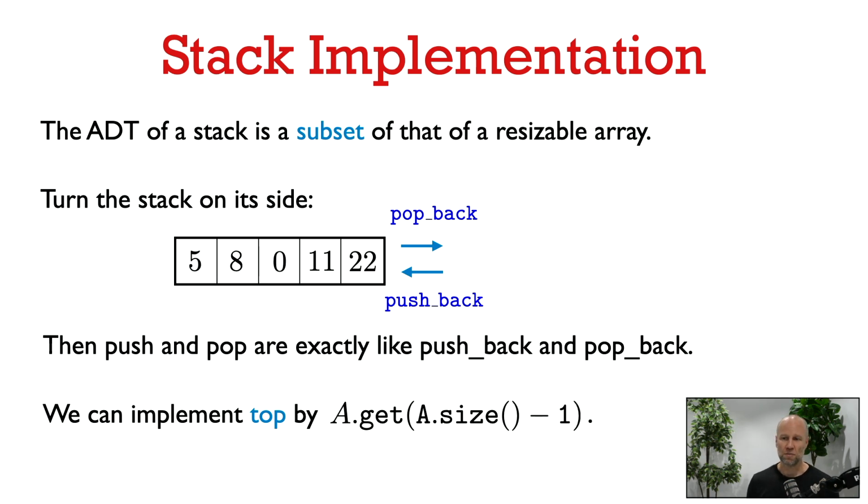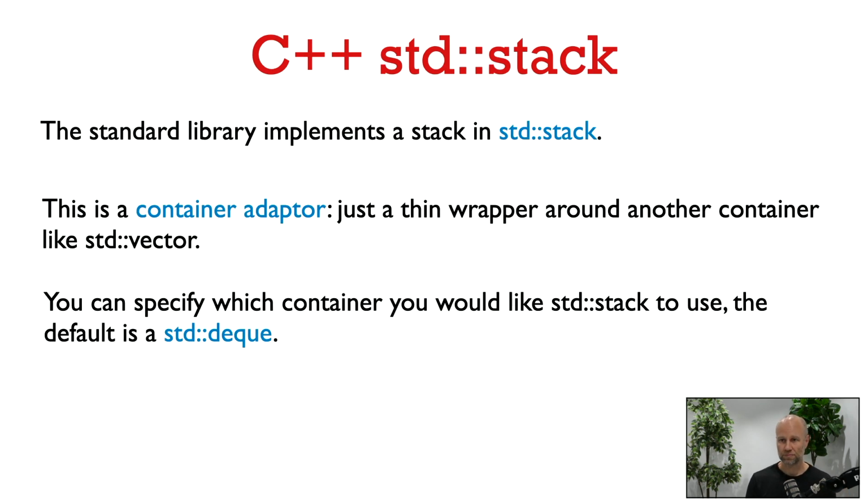We can also implement top with a resizable array because we can just get an element by its index, so we can just get the element with index size minus 1. So the abstract data type of a stack is actually a subset of that of a resizable array.